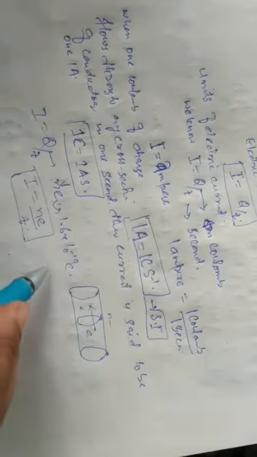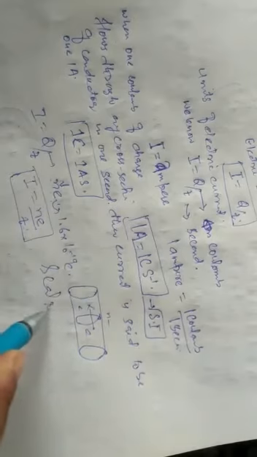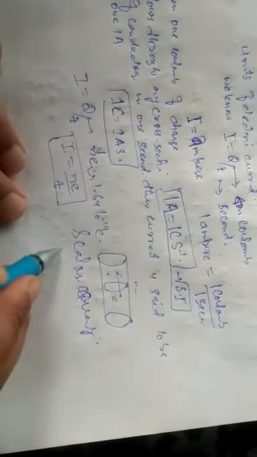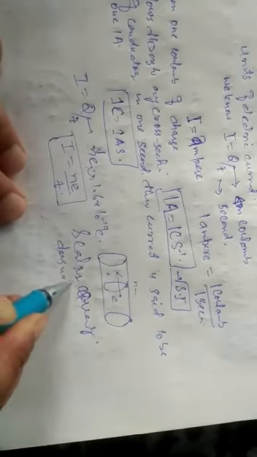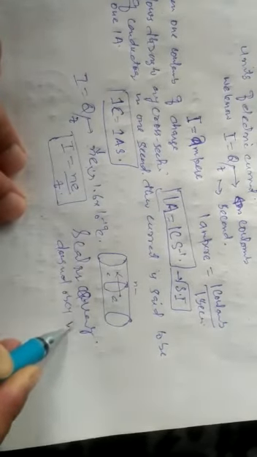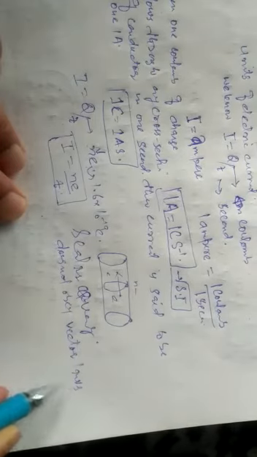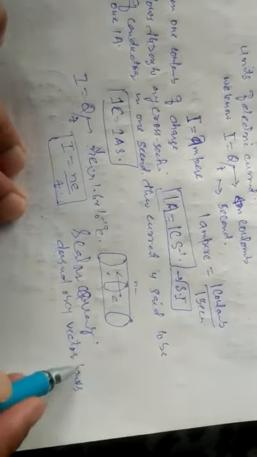This electric current is a scalar quantity because it does not obey the vector laws of addition. Although it has magnitude and direction, you can say 1 ampere current, 2 ampere.